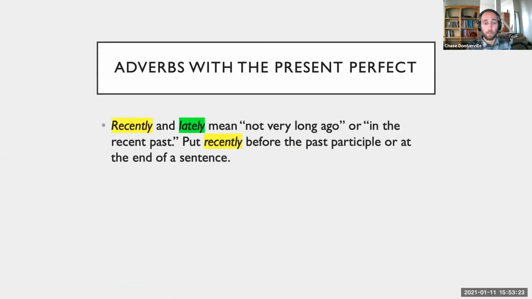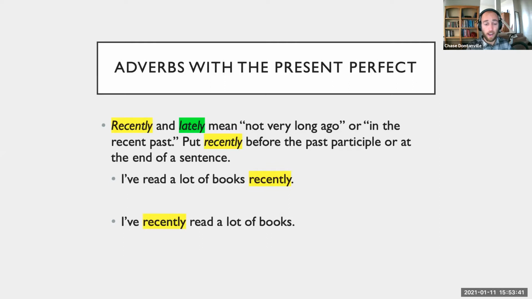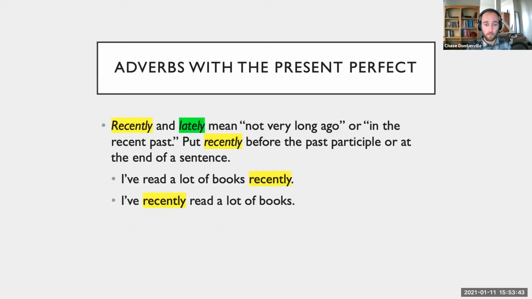Next, we have recently and lately. So, recently and lately mean not very long ago or in the recent past. And recently, you should put before the past participle or at the end. So, I've read a lot of books recently, or I've recently read a lot of books.